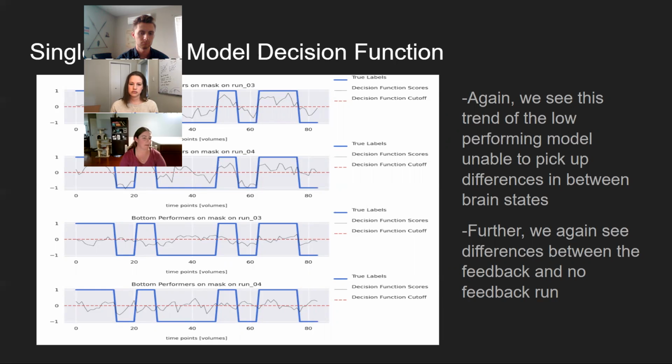And in the bottom, there just seemed to be no decision function scores that predicted. It was more flatlined. And I also want to point out, as you can see in the differences between run 3 and 4, that we had better prediction scores on the feedback runs as opposed to run 4.